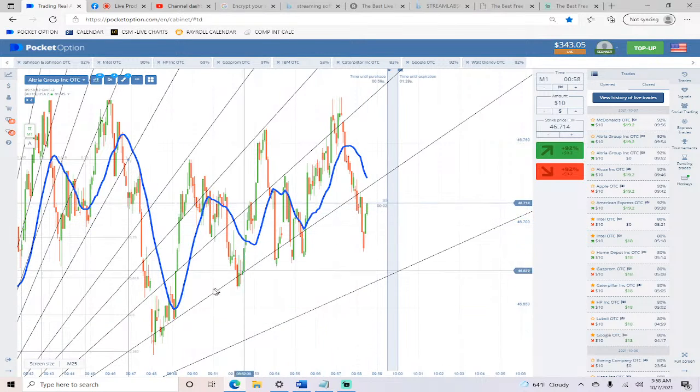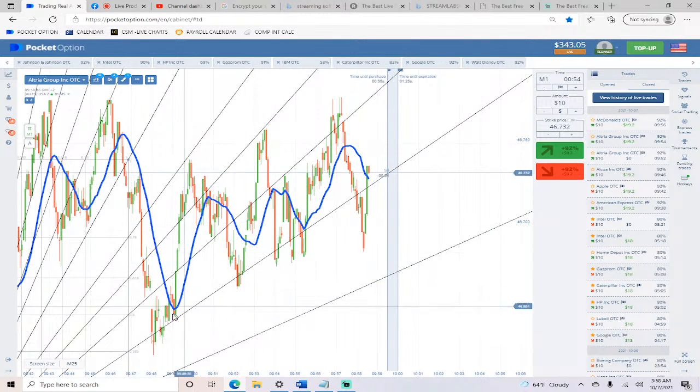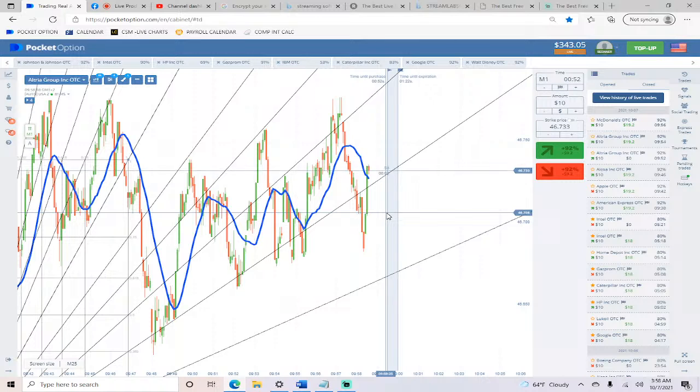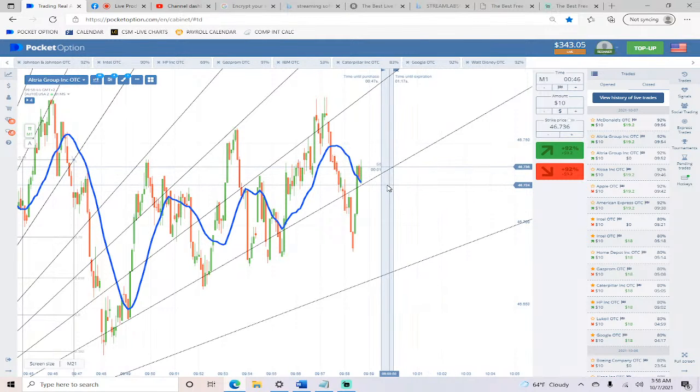The support, kind of a funky looking support line, but it's generally curving this way. Now that's a bounce off of support and a bounce off the EMA. Let's wait and see.